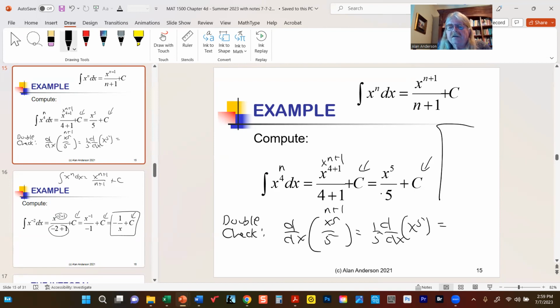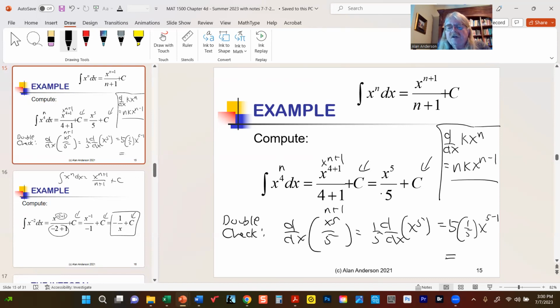Let me just sneak in here the power rule for the derivative. But 5 times 1/5 drops out. And we end up with our original function, x to the fourth. So that means we must have done this correctly.